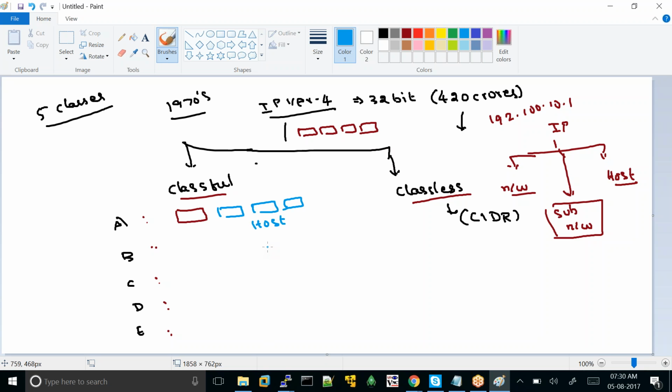In the class B addressing scheme, the first 2 octets are dedicated to network, and the rest correspond to host. And in the class C IP addressing scheme, the first 3 octets are dedicated to network and the last one is for host.